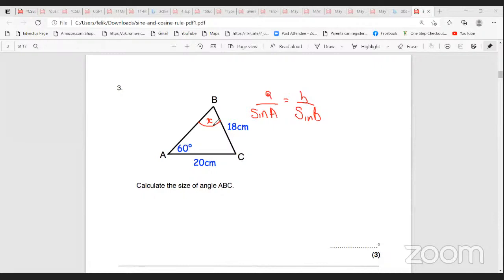Go ahead and work it out for me. Let me see what you do. I'm giving you permission to annotate, so you can write on screen.